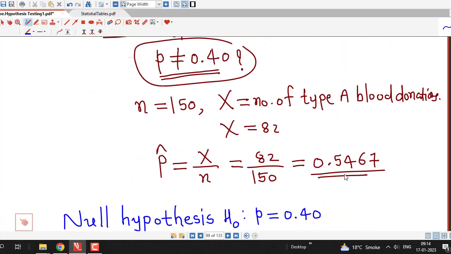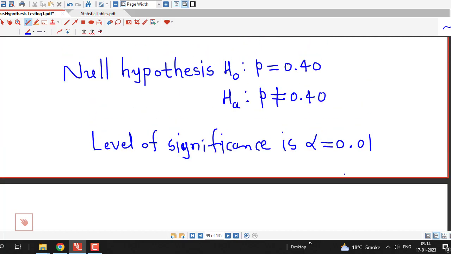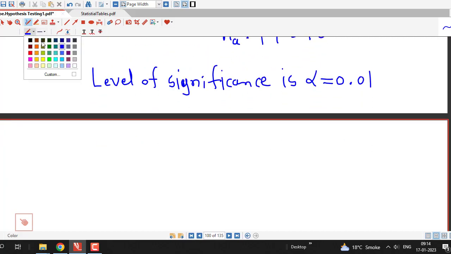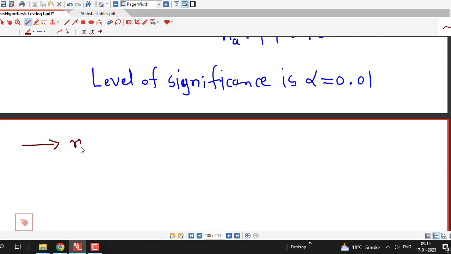Now the next step is to find the value of the test statistic. For that we know that if certain conditions are satisfied, then we can apply the one sample Z test for testing hypothesis related to population proportion. So we have to decide what is n times p.